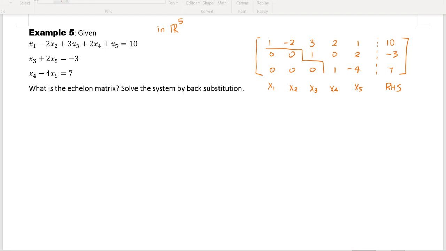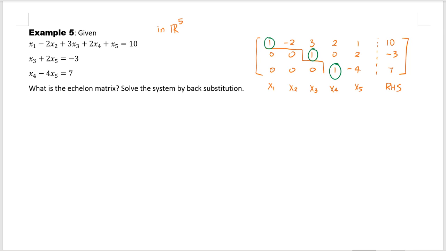Now let's look at the leading coefficients. The leading coefficient of the first row is the 1,1 entry. The leading coefficient of the second row is 1. This is the 3,1 entry. The leading coefficient of the third row is also 1.